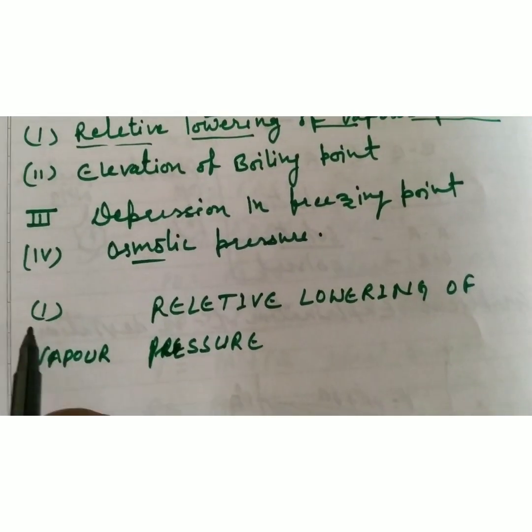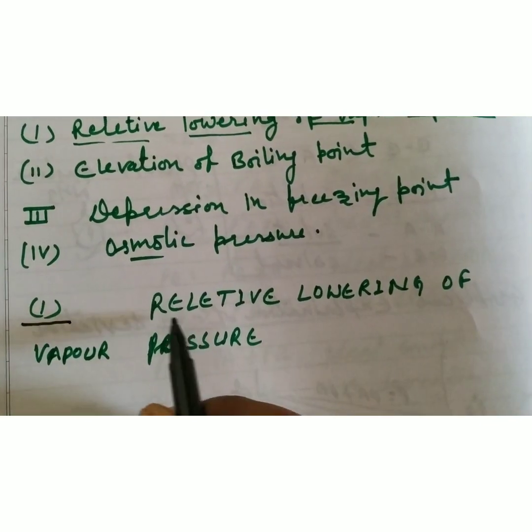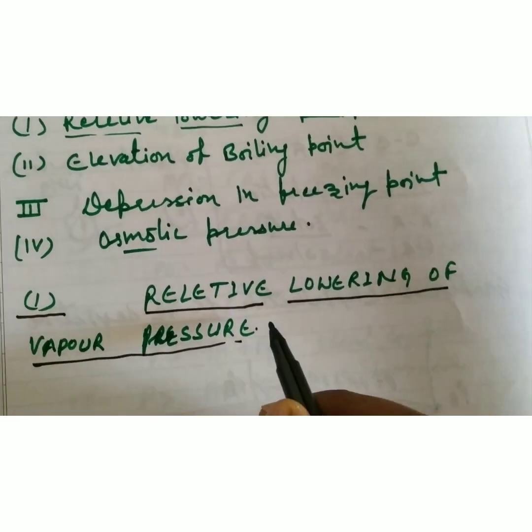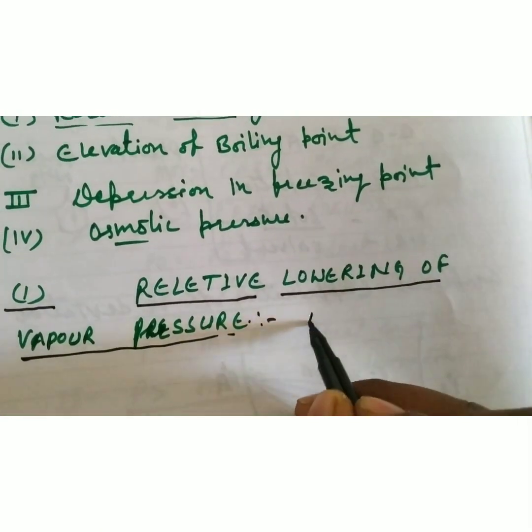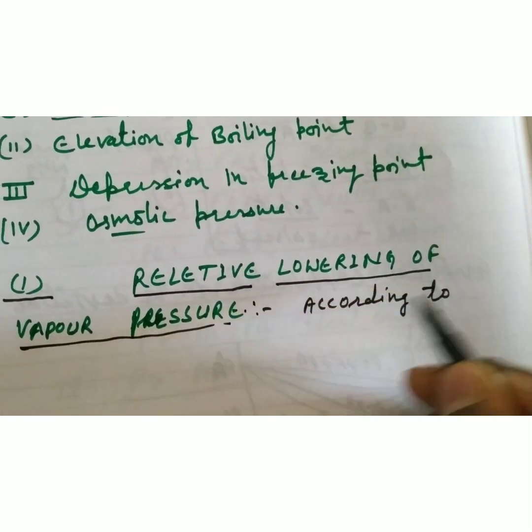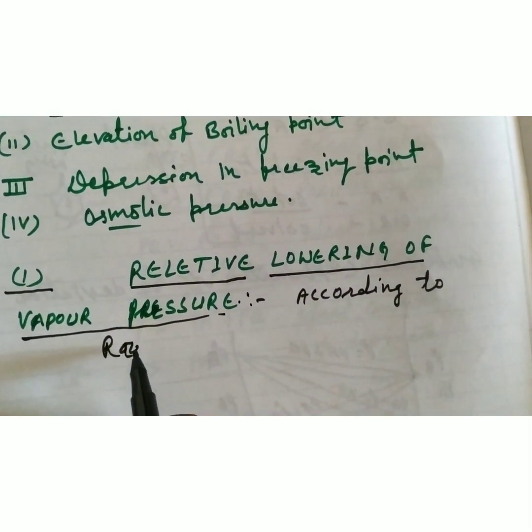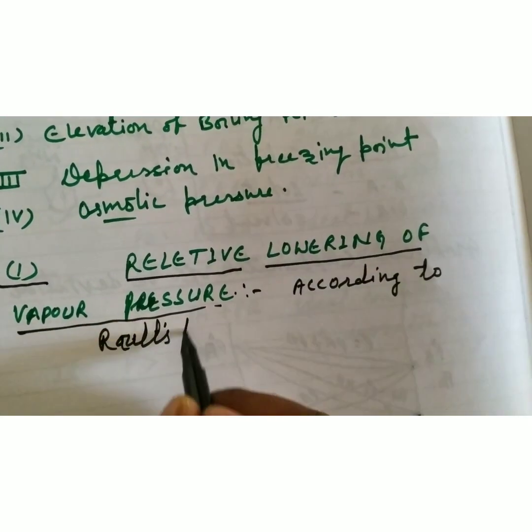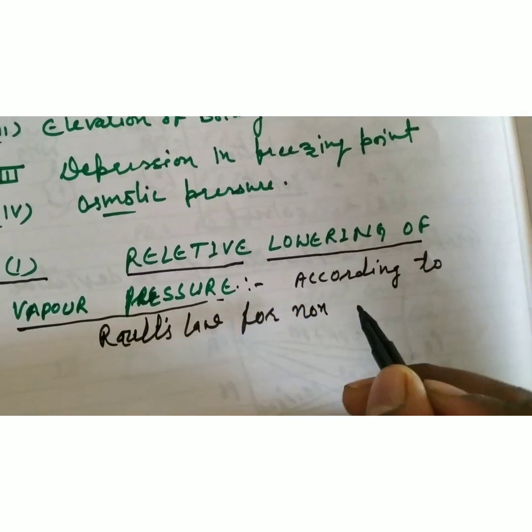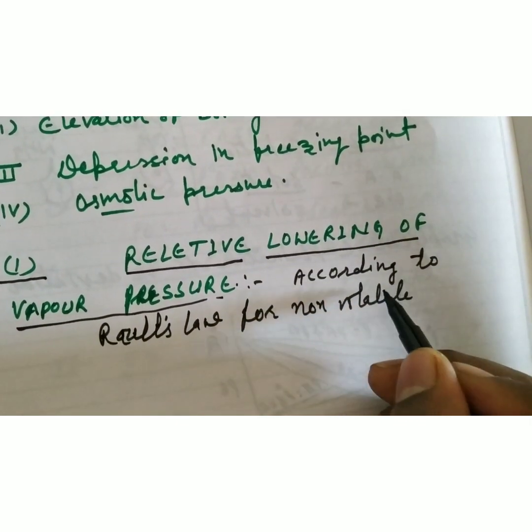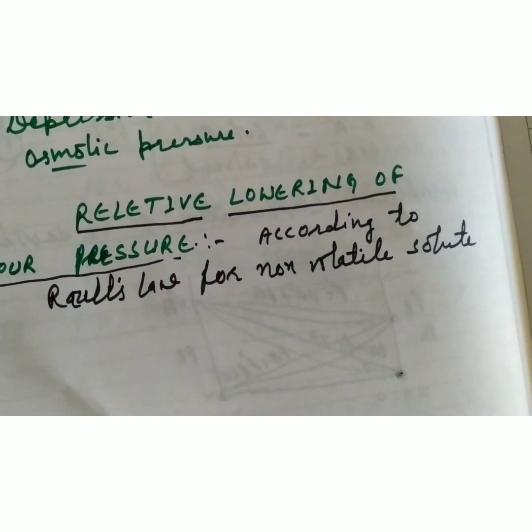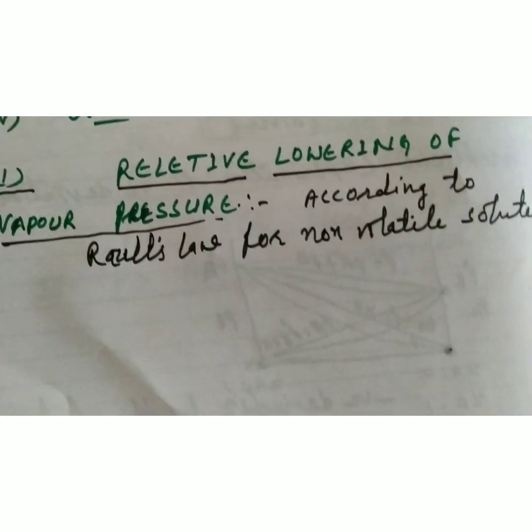So dear students, the first colligative property is relative lowering of vapor pressure. According to Raoult's law for non-volatile solute. Remember the second law of Raoult for non-volatile solute.